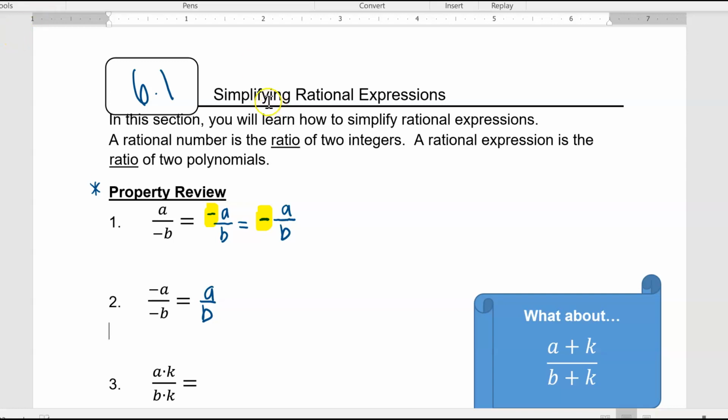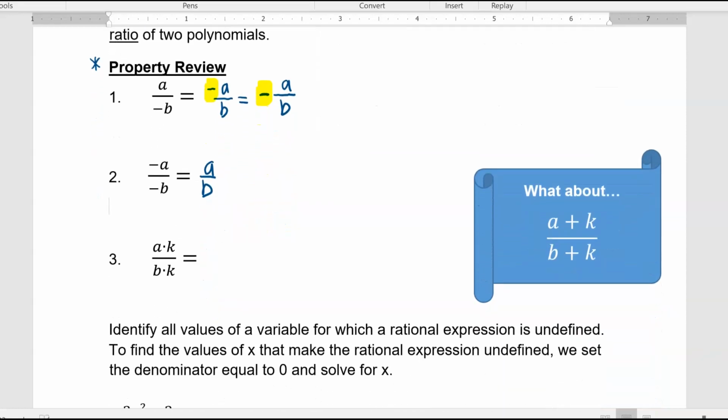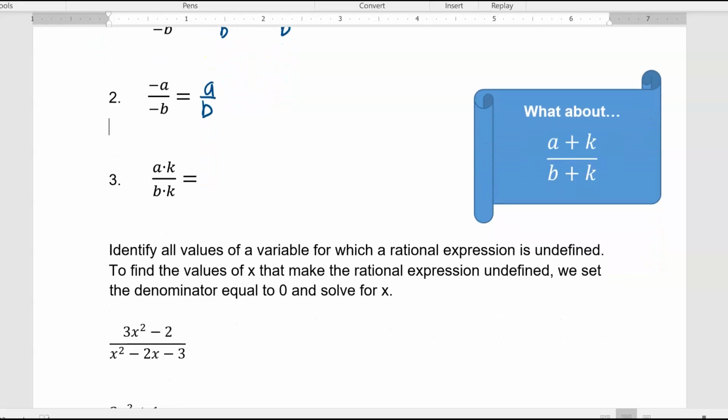All right, moving on. A times k over b times k. Now, in class, I normally ask, what is that the same thing as? And I get a lot of random answers. I even get k times a over k times b. And that's the same, but there is a simpler way you could write it.